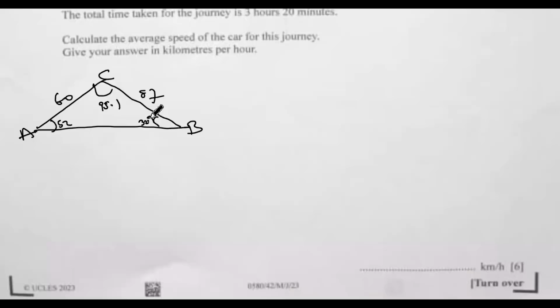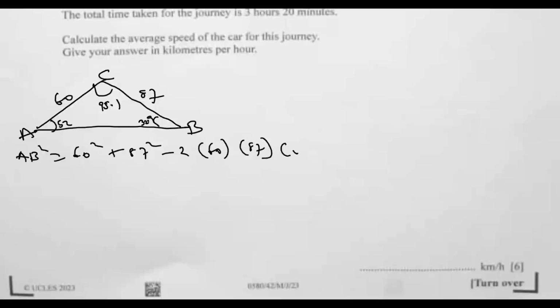32.9 here. So that means we can use sine rule or cosine rule. It depends on you. Since I want to find AB, I can say, using cosine rule, AB squared equals 60 squared plus 87 squared, minus 2 into bracket 60 into 87, then cos 95.1.